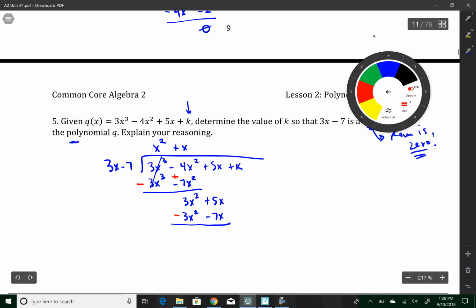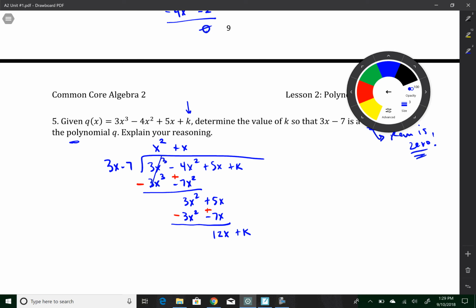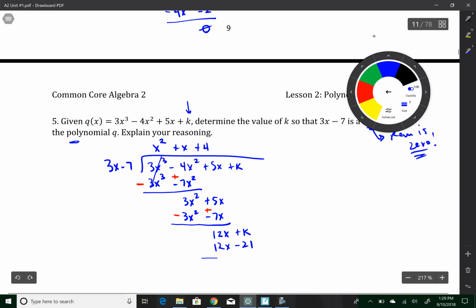This becomes a minus, this becomes a plus. So we wind up having 13x plus k. Not 13, 12. So now I'm asking myself, what multiplies by 3x to make 12x? Well, it's 4. If I multiply by 4, I wind up having 12x minus 21. So what does k have to be here so that this would come out to be a remainder of 0?